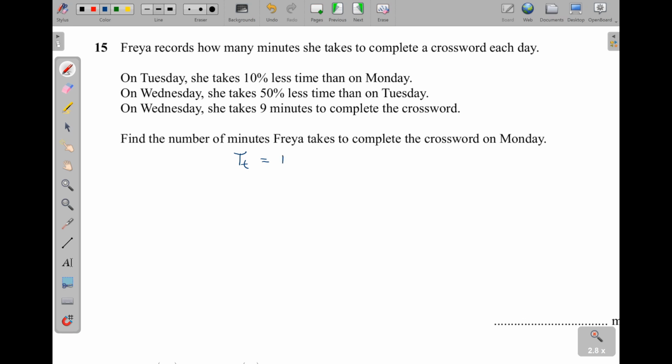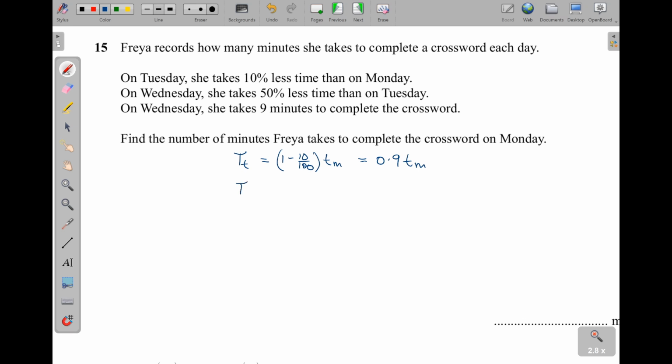So we shall get 1 minus the 10%, or you can say 100 minus 10, then all through you divide by 100, times the time on Monday. Now, 90% is the one that remains. So we shall have 0.9 times the time on Monday.